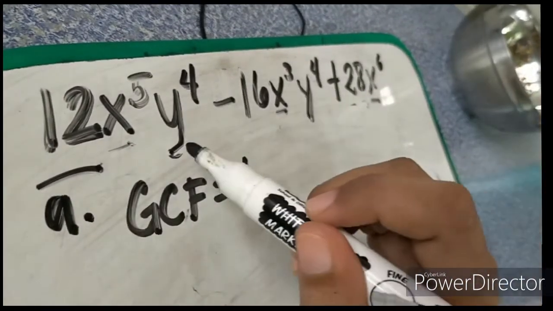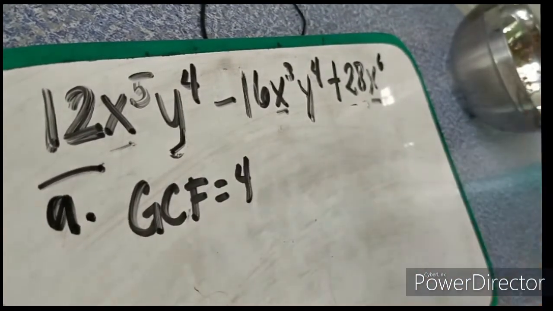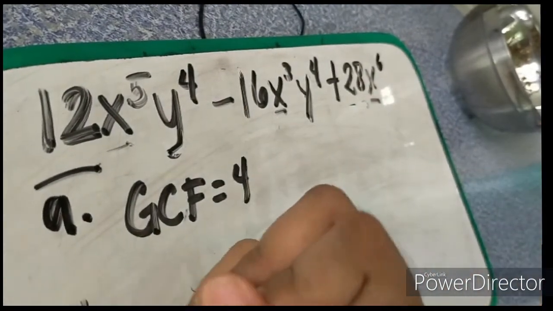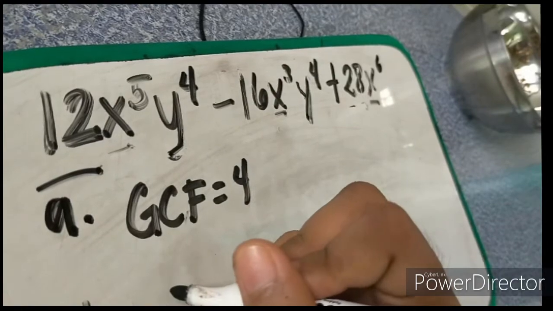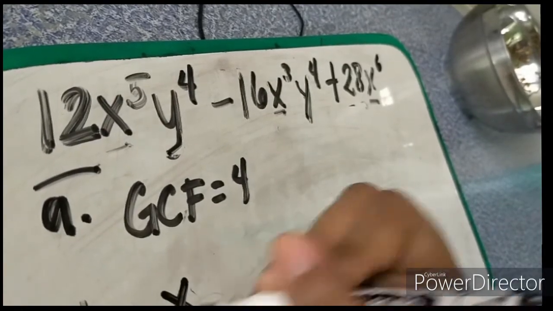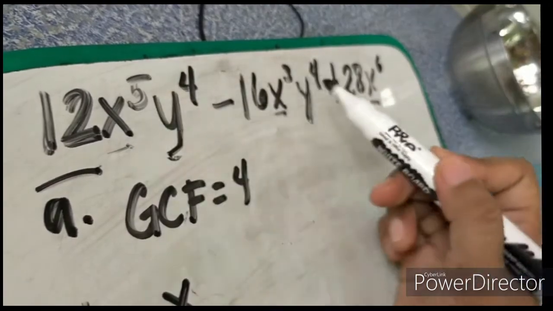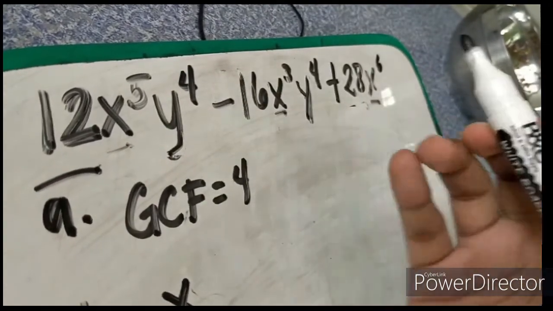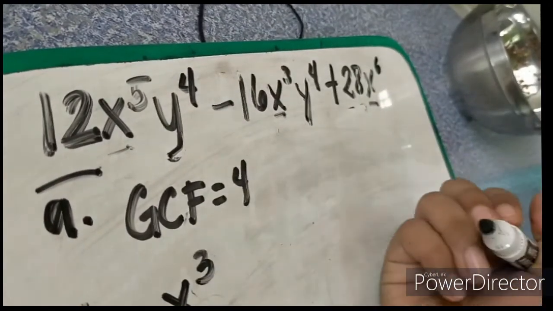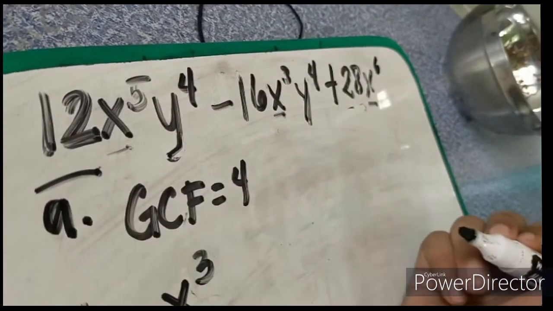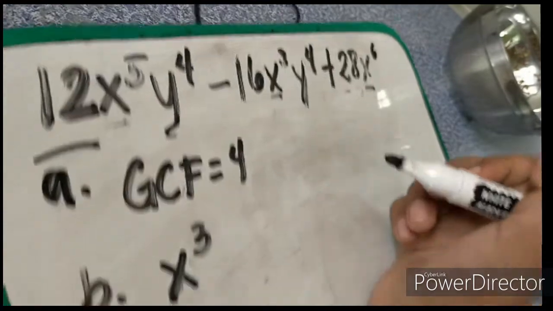Meron lang siya sa first term at sa second term. It should be on the three terms. So, our common variable is x. What is the least exponent? Is it 5, 3, or 6? Correct, it is 3. So, our common variable is x cubed.